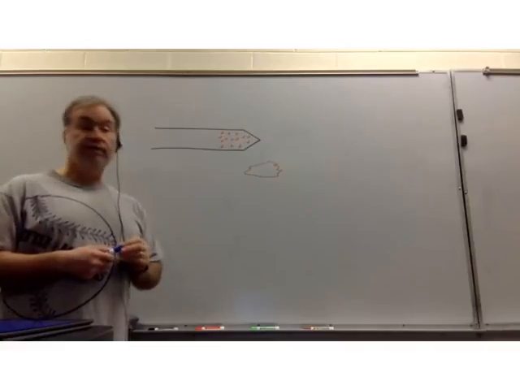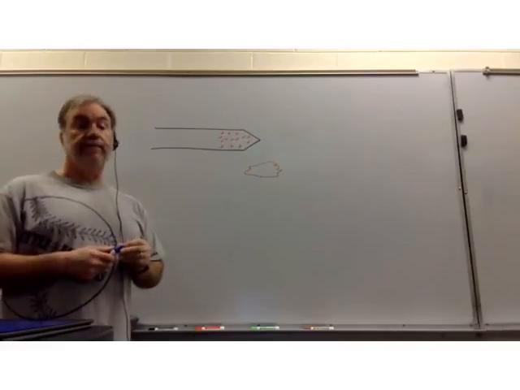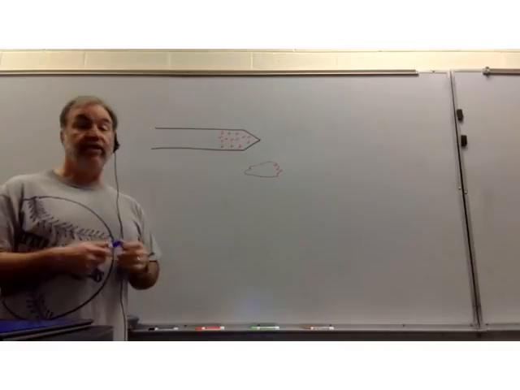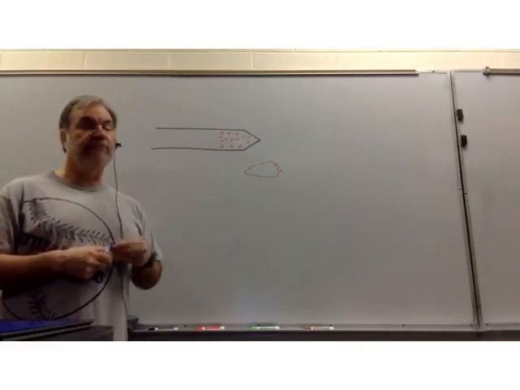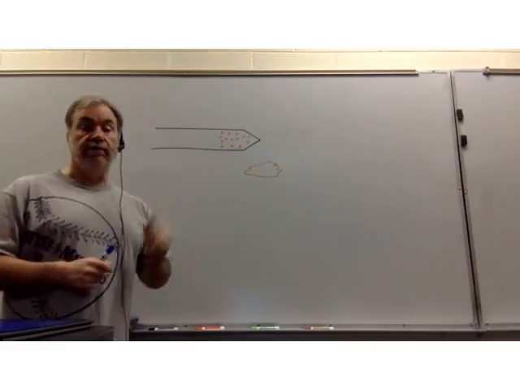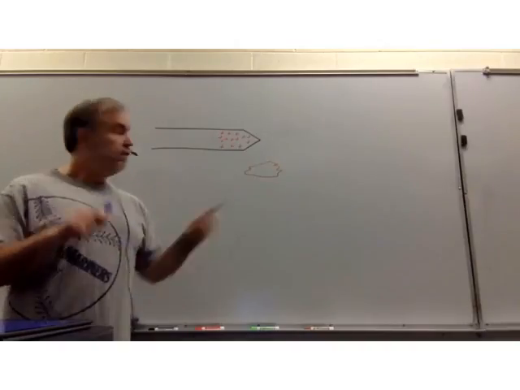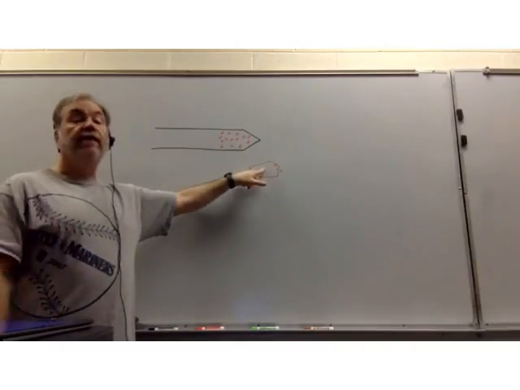In other words, the charges that make up a piece of paper really can't go anywhere. They're more or less stuck in place. They just don't move. However, although they can't move from one side of the paper to the other, they can rotate.